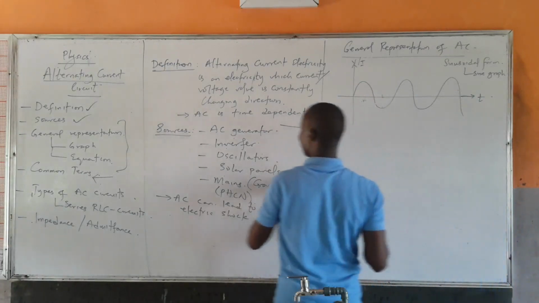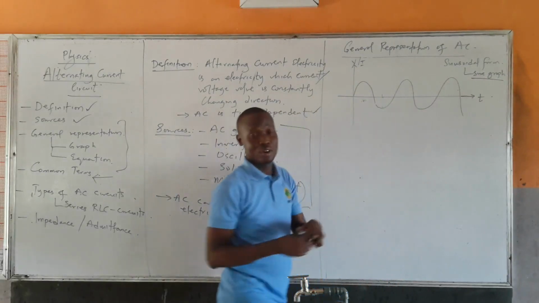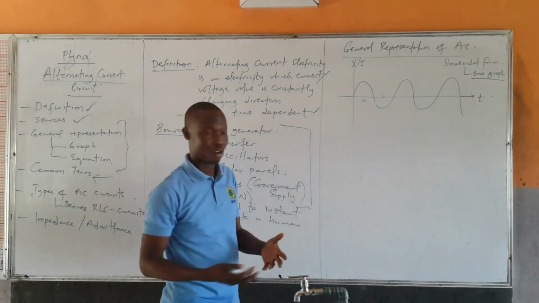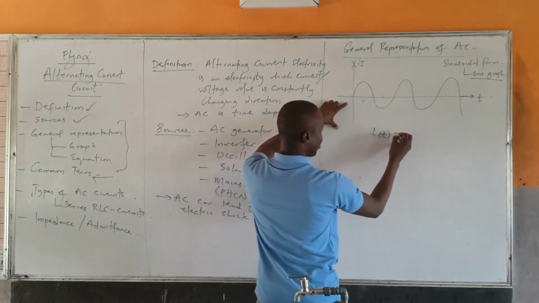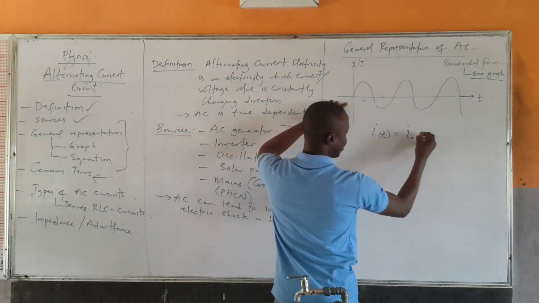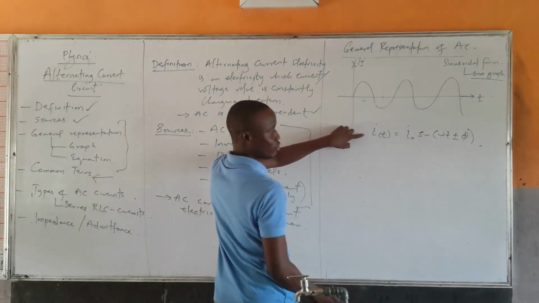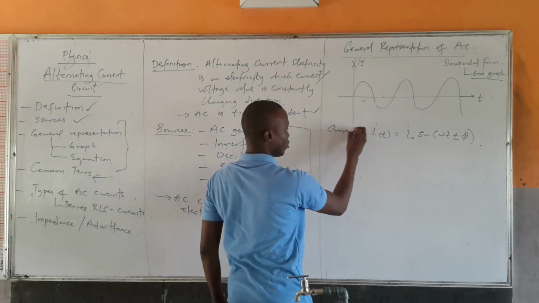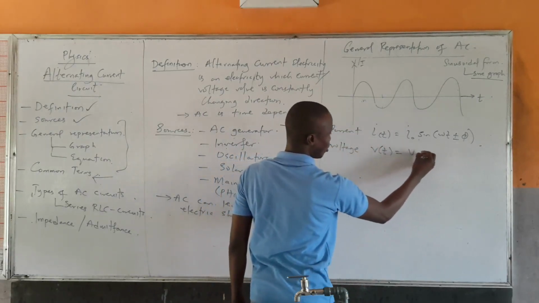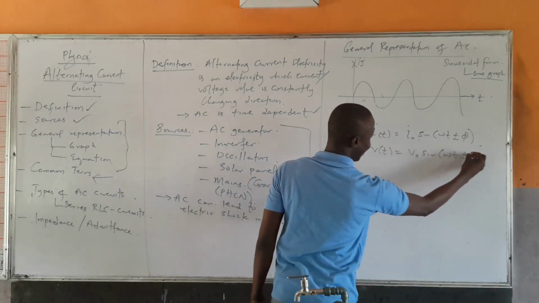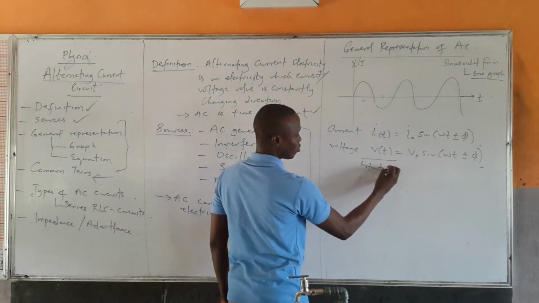Since you can represent it as a sine graph, the general equation representing an alternating current can also be written in sine format. For the current, I of t equals I naught sine omega t plus or minus phi. For voltage, we have V of t equals V naught sine omega t plus or minus phi. We call these the instantaneous values.